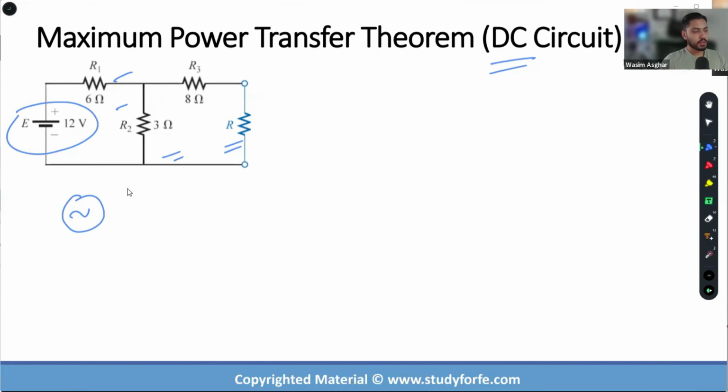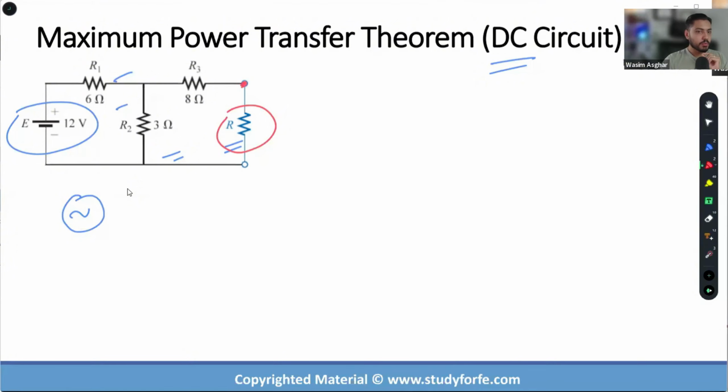Now, step number one is to figure out R Thevenin. In order to figure out R Thevenin, I need to short circuit the voltage sources and open circuit the current sources. Now, the interesting thing over here, the age-old question: should I leave the resistor in? Should I take the resistor out?